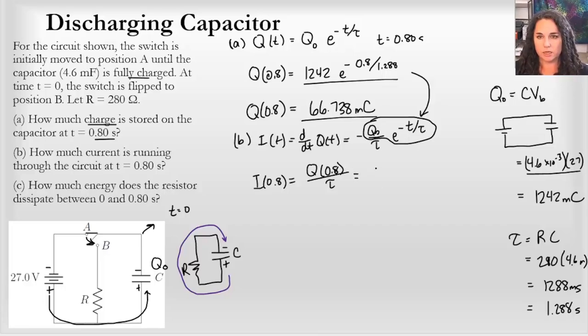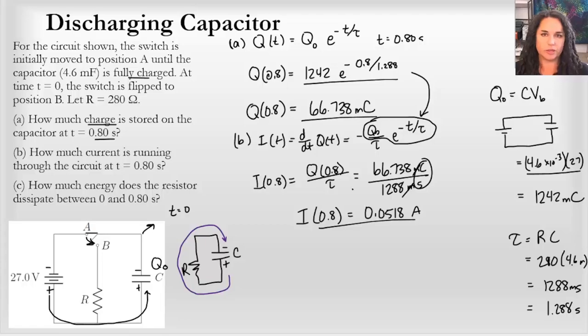So I'm just going to take 66.738, and this is in millicoulombs, I'm going to divide by milliseconds, 1288 milliseconds. The millis are going to cancel. I get coulombs over seconds, which is definitely amps. So I get the current at 0.8 seconds is going to be 0.0518 amps. Just run that through your calculator.